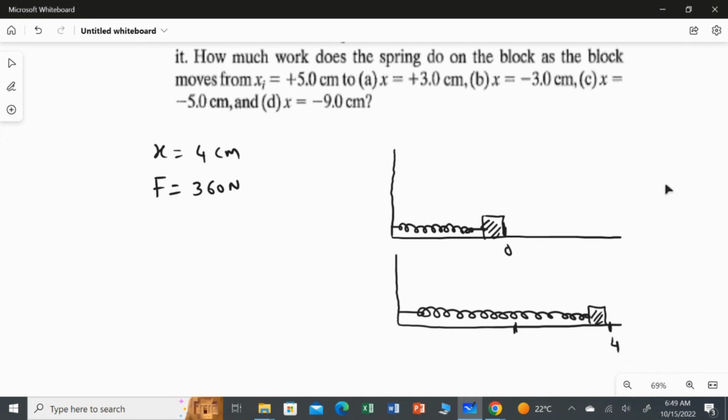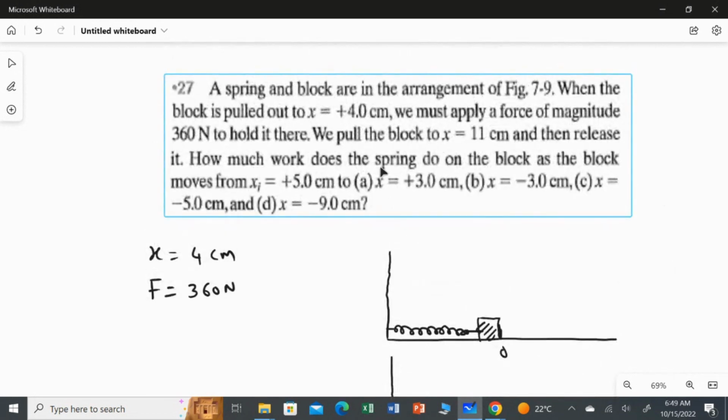Now what you are going to do is find how much work the spring does on the block. But before that, we have to pull the block to x equal to 11 centimeters. I will tell you the story about this x equal to 11 centimeters, because we are not going to use this value for our calculation.